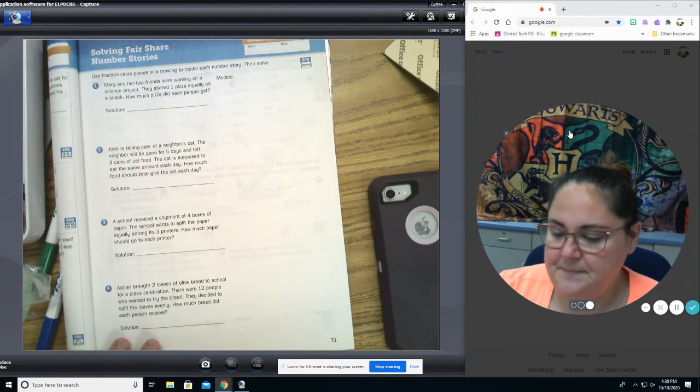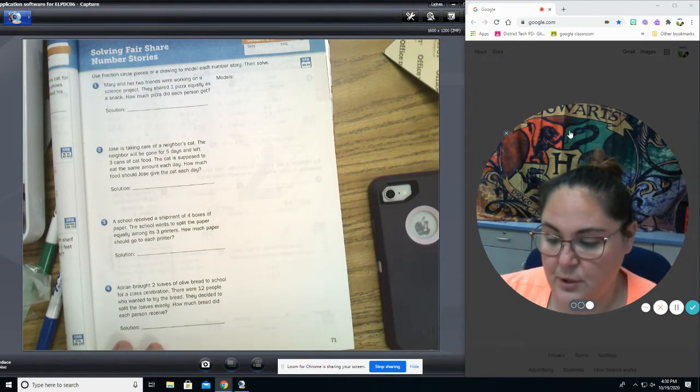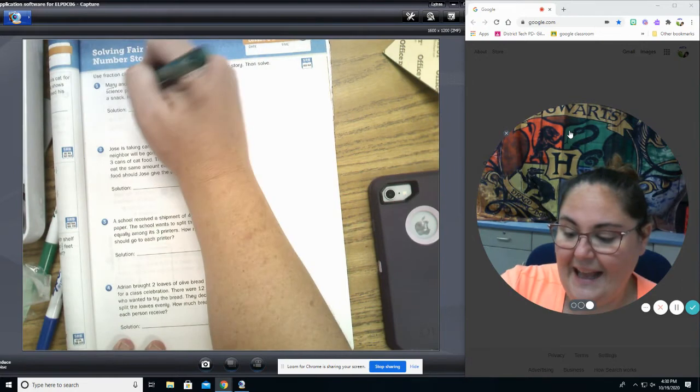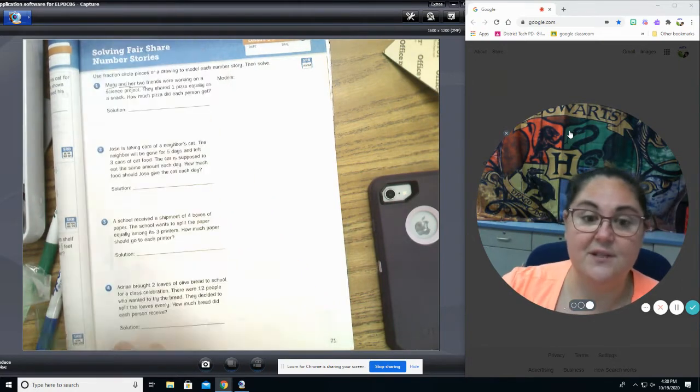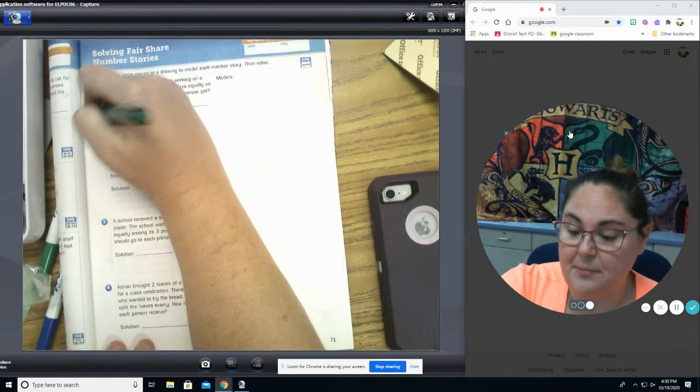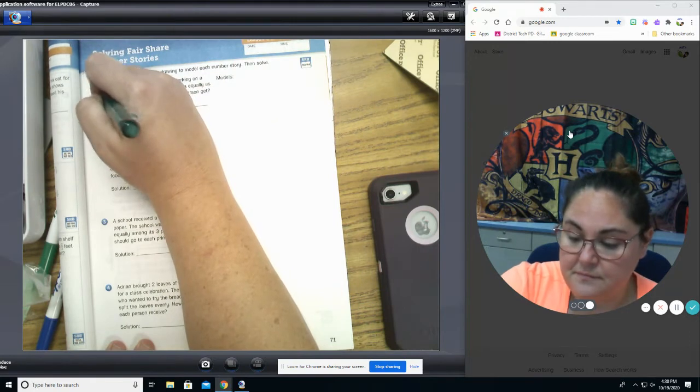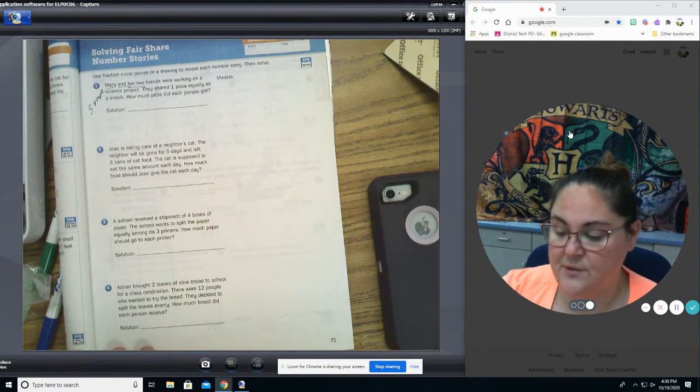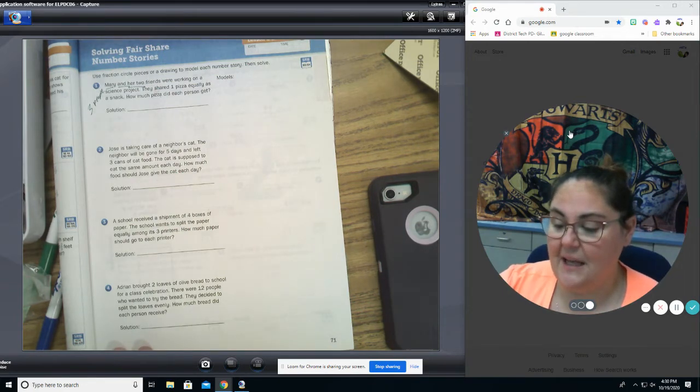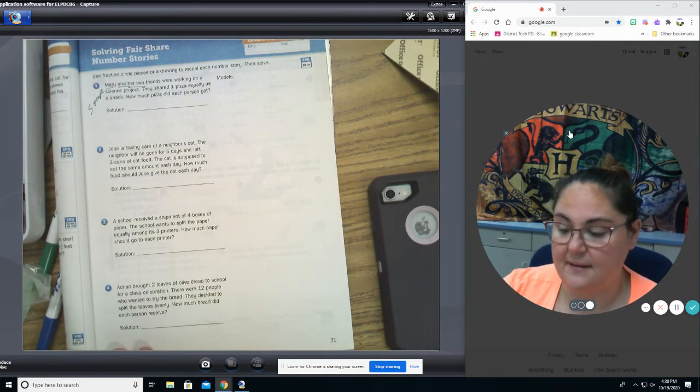It says number 1, Mary and her 2 friends. Notice Mary and her 2 friends, so that means 3 people. Mary and her 2 friends were working on a science project. They shared 1 pizza equally as a snack.